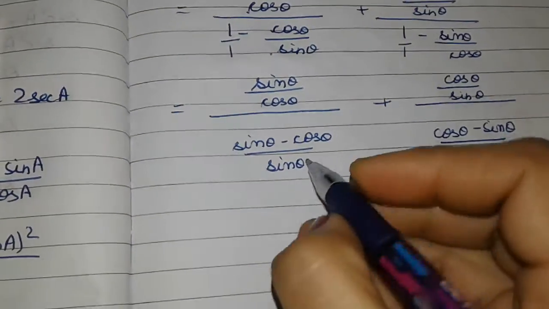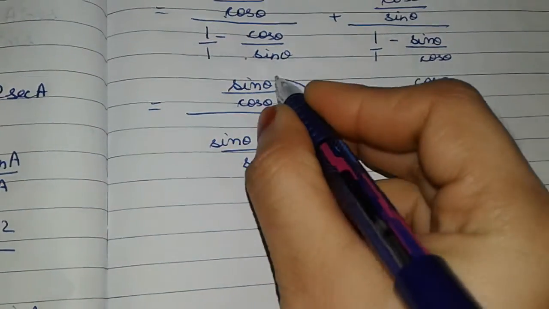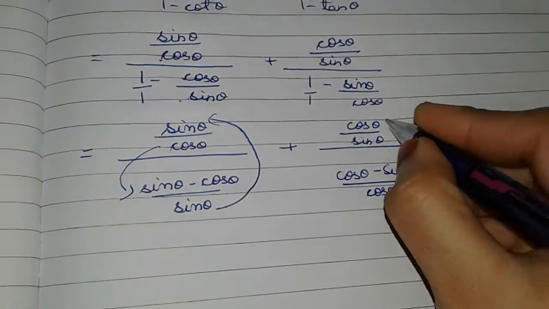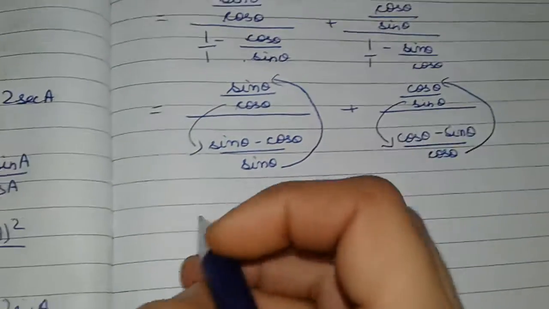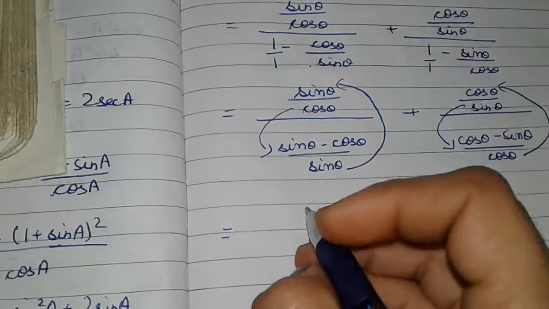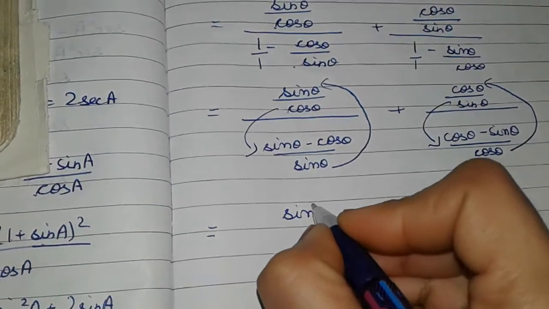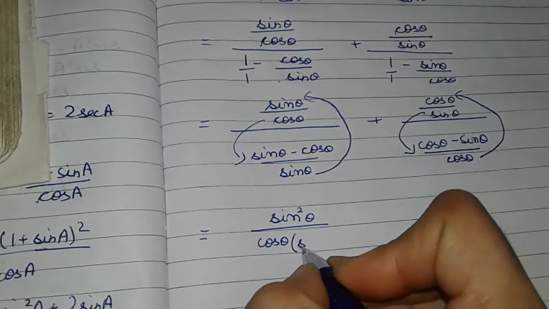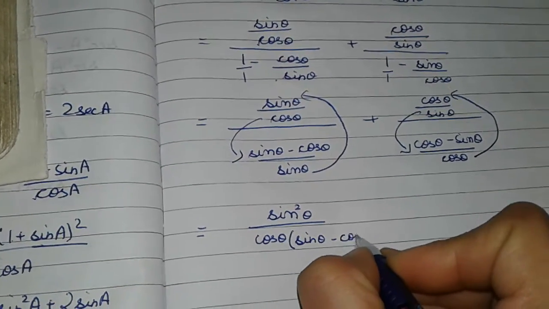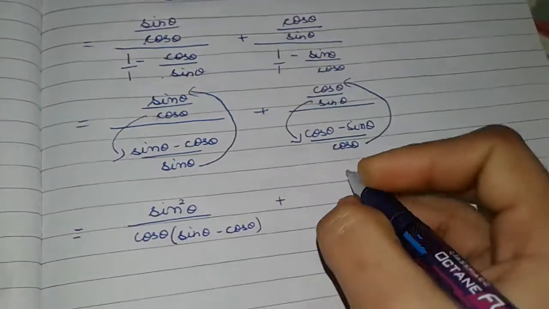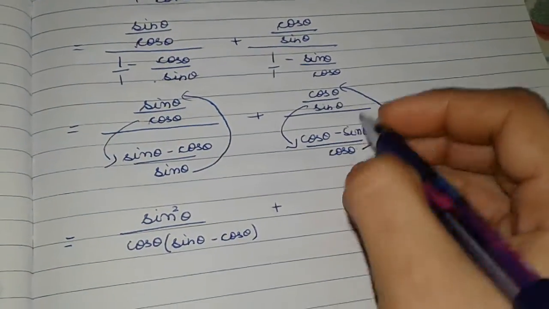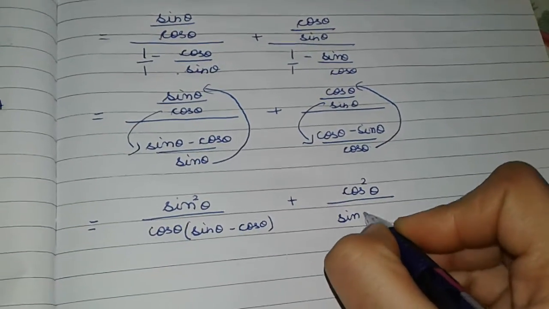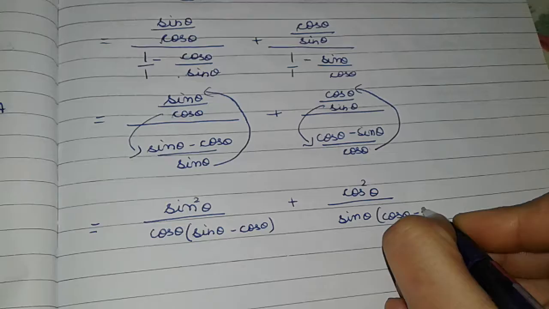Now this sin theta will go to this side, and this cos theta will come to this side. The answer will become sin theta into sin theta will be sin square theta upon sin theta minus cos theta, and here cos theta multiplied by cos theta will become cos square theta upon cos theta minus sin theta.